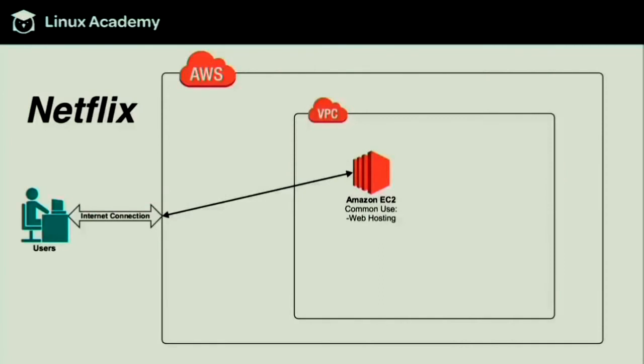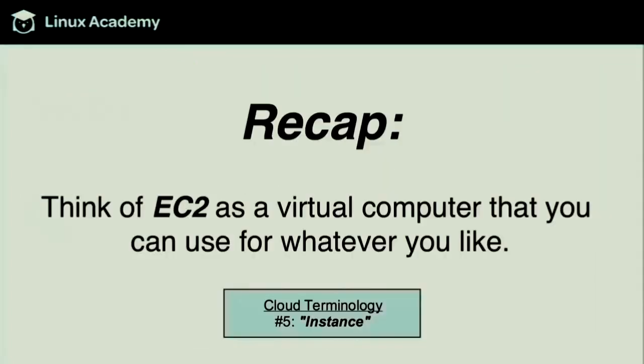So that is one of the main features and functions of an Amazon EC2 instance in the world of Netflix, or in most of the internet as a whole, is it acts as a web hosting server. It contains all of the files and code needed to display a web page to any particular user that visits their site.